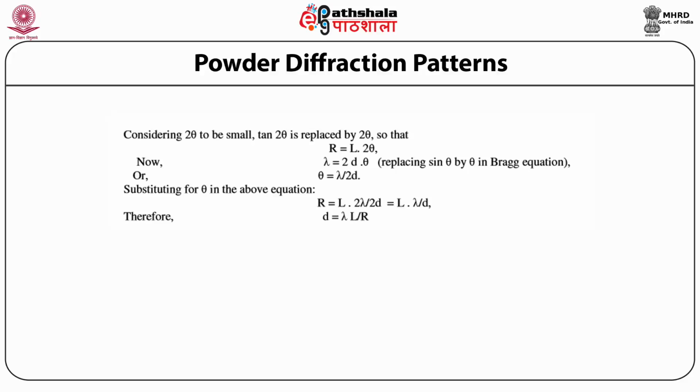Substituting for theta in the above equation, R is equal to L into 2 lambda by 2d, which is equal to L into lambda by d. Therefore, d is equal to lambda L by R.